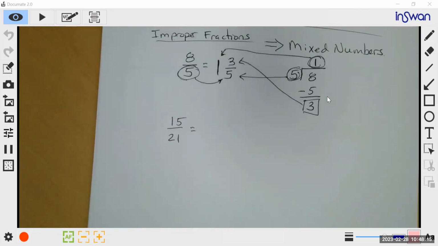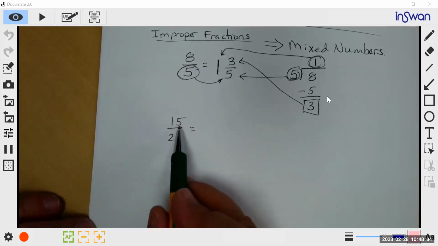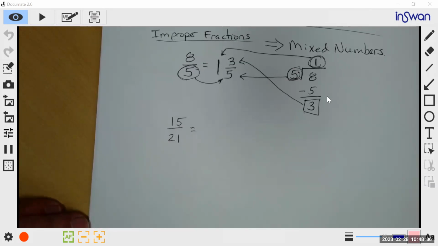Convert this one. Is it improper? I messed up. It's not improper because the bottom number is bigger than the top. So all you can do here is simplify.